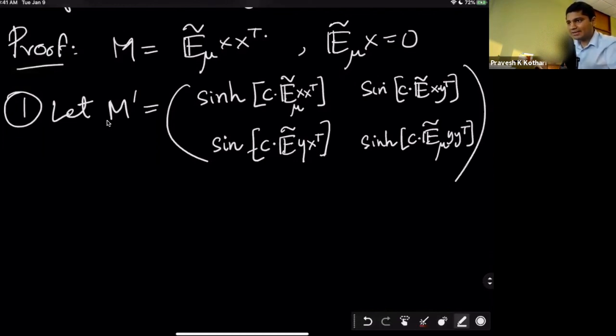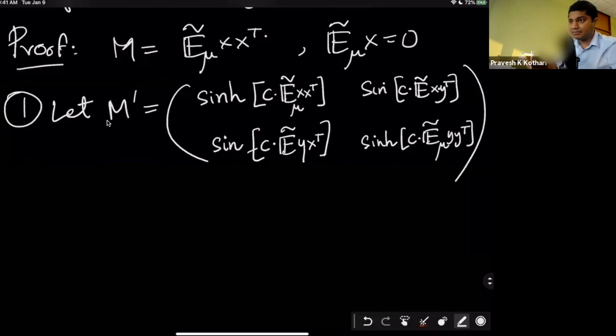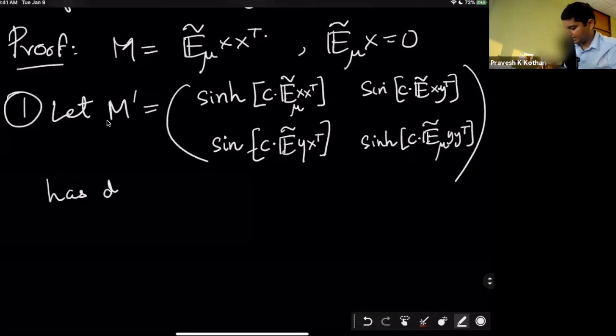So a priori, it's not even clear why this matrix has diagonals 1, but we're going to ensure, when I choose this small constant c in here, that the diagonals of M prime are in fact 1.